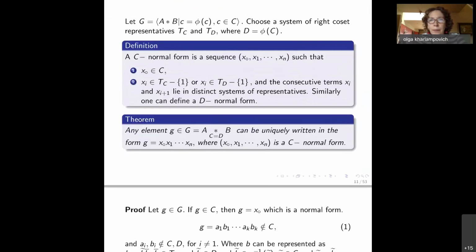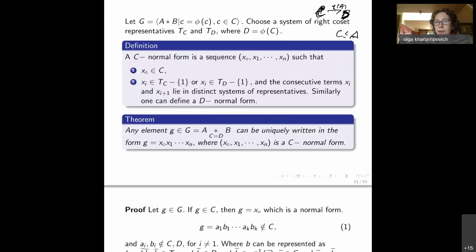So C is now considered as a subgroup of A, and phi of C, which is D, as a subgroup of B. And now choose a system of right coset representatives.